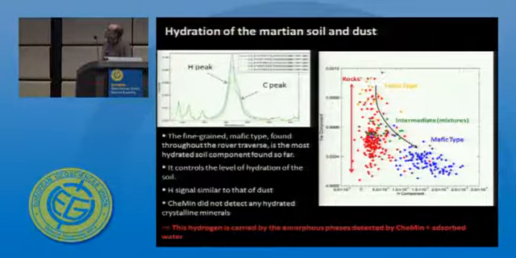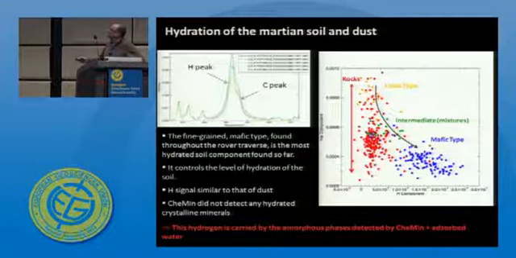So as Susan said, the soils show a very high hydrogen line, as I showed already. The hydrogen peak is high. It is almost entirely the fine-grained material which is enhanced in hydrogen, and it controls all the hydrogen seen. You can see here, on this hydrogen intensity versus sodium intensity, that all the mafic-type fine grains are enhanced in hydrogen, and the rocks aren't.